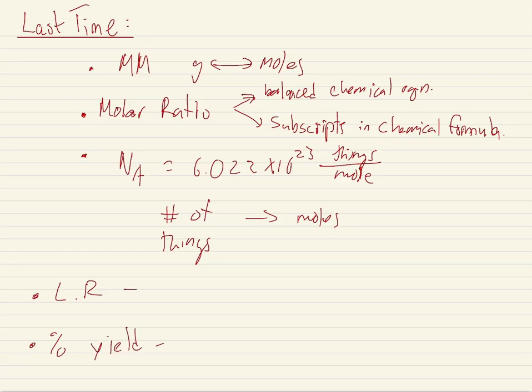And what was the limiting reactant? Can anyone give me a short summary or how you would define in words what the limiting reactant is? Yeah, if we have a chemical equation that has multiple reactants, one of those reactants is going to limit how much of the chemical equation can happen.